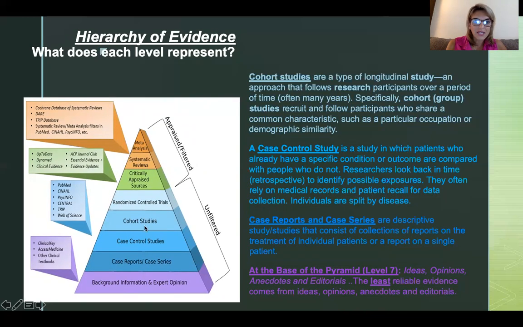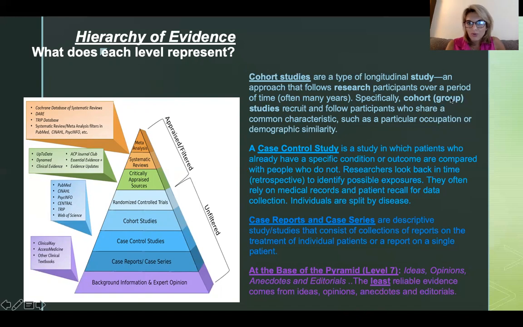Okay, next we're getting down into the lower levels, the unfiltered, and we're talking about cohort studies. Cohort studies are a type of longitudinal study, like a long study. Cohort, remember, means group. So we're looking at a group along a long time period, a longitudinal study, an approach that follows research participants over a period of time, often many years.